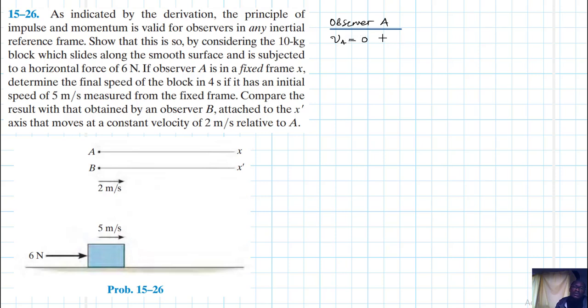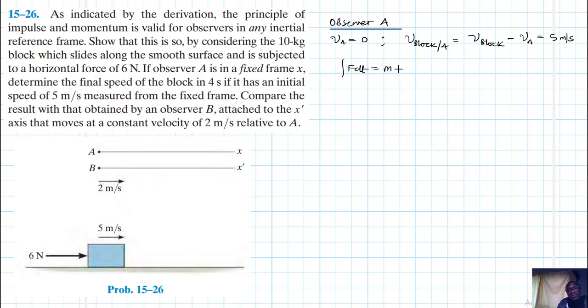Therefore, the velocity of the block with respect to A is just equal to the velocity of the block minus the velocity of A, which is just equal to 5 meters per second.